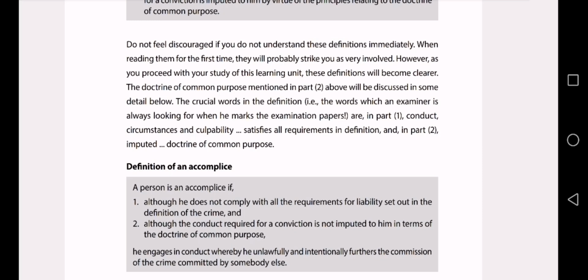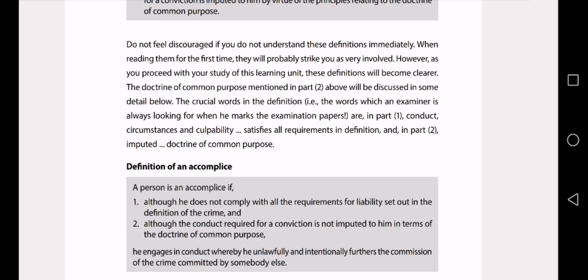Do not feel discouraged if you do not understand these definitions immediately when reading them for the first time. They will probably strike you as very involved. However, as you proceed with your studies of this learning unit, this definition will become clearer. The doctrine of common purpose mentioned in part 2 above will be discussed in some detail below.